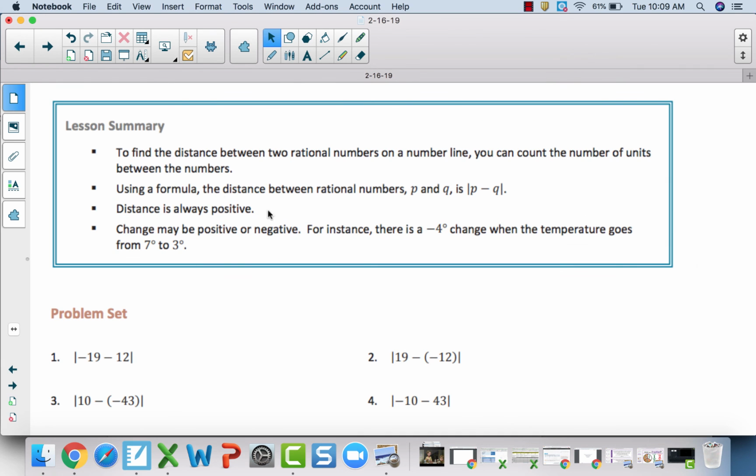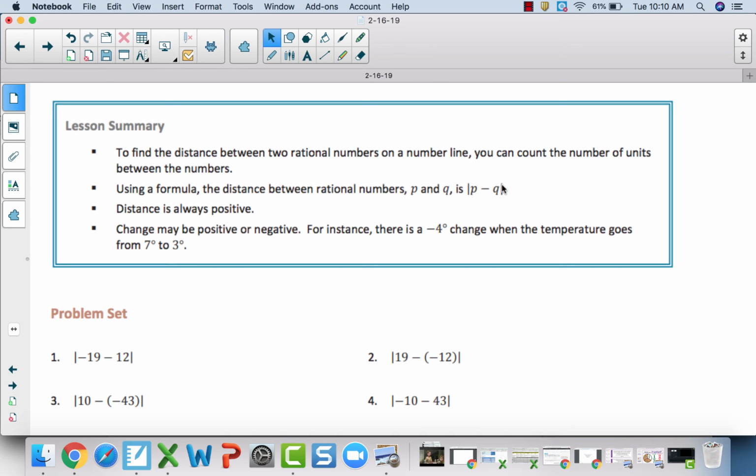Now, our lesson summary: to find the distance between two rational numbers on a number line, you can count the number of units. So when we are counting those hops, that is a strategy. But sometimes that strategy isn't useful, especially when the numbers become larger or more complicated. That's when we can use this formula. And part of your goal for this lesson, as we mentioned at the beginning, is to be able to use this formula.